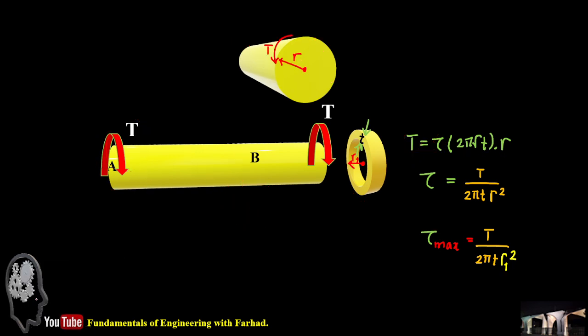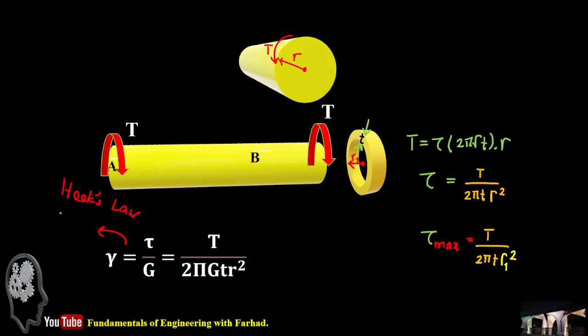In such a case, and also from Hooke's law, in shear we know gamma is tau over G. If you remember, Hooke's law says sigma has a linear relation with epsilon, and that's in normal, and in shear tau is G times gamma.